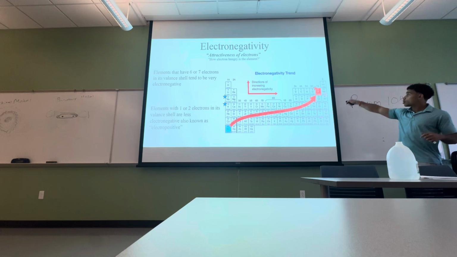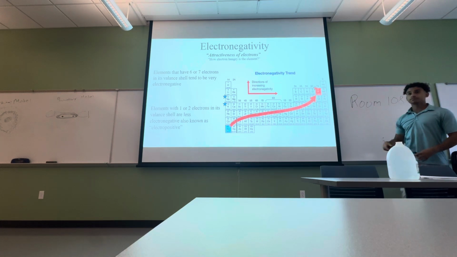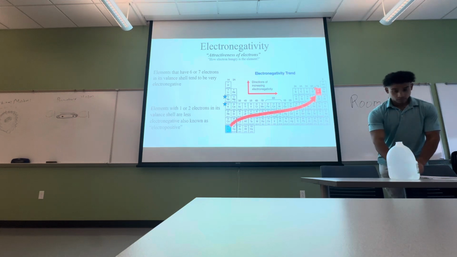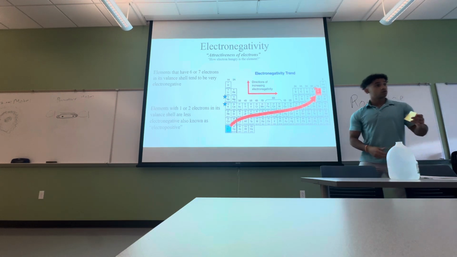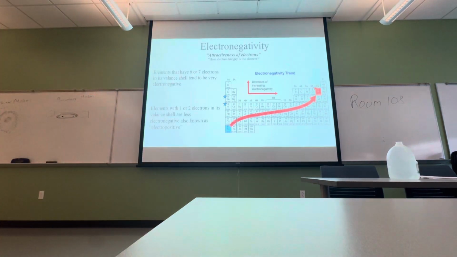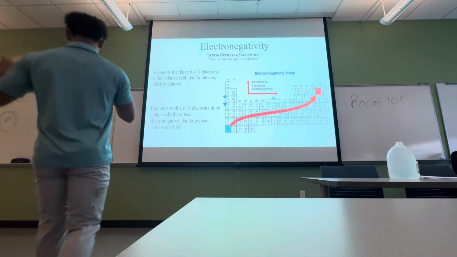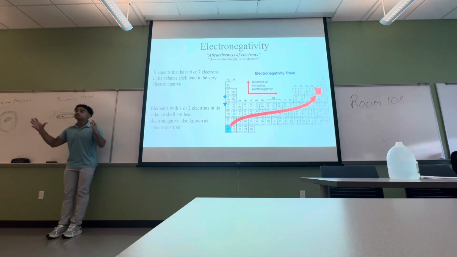Now, question: why aren't these electronegative? Okay, they're noble gases, but it's not that they're unstable, they're very stable, because they have their orbitals already filled. I said that the octet rule was where you always want your outer shell completely filled.